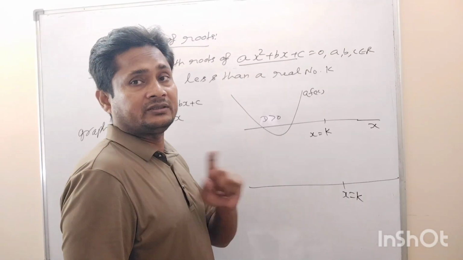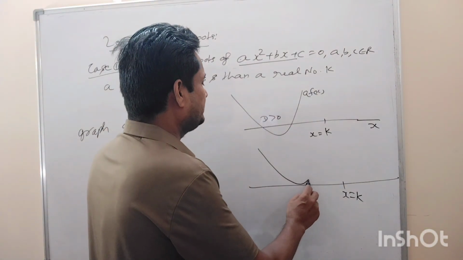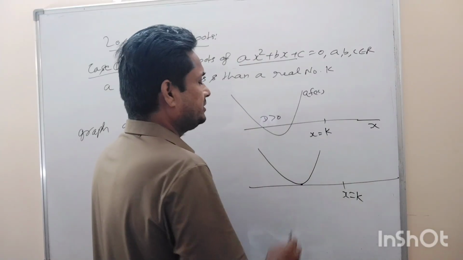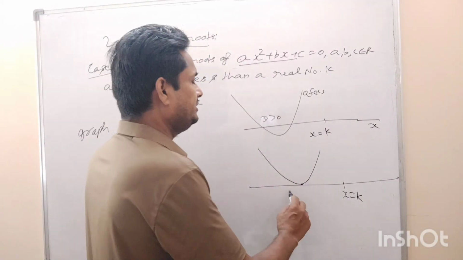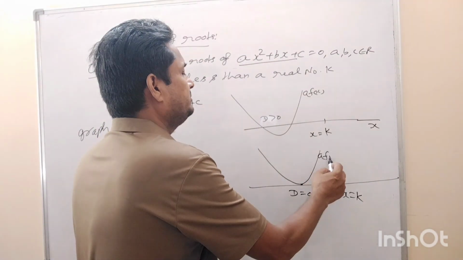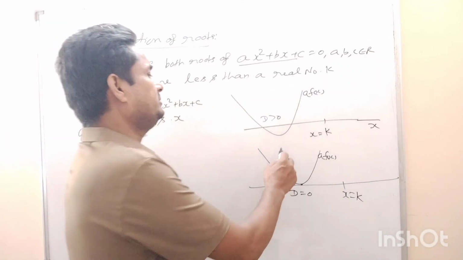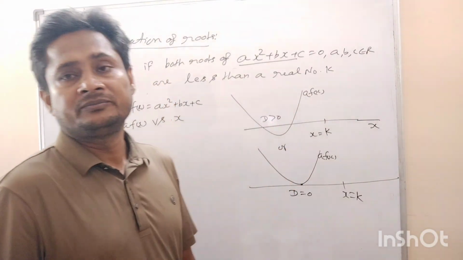And there may be another case when both roots are equal. Then it will touch the x-axis, and here D is equal to 0. So both possibilities count here.